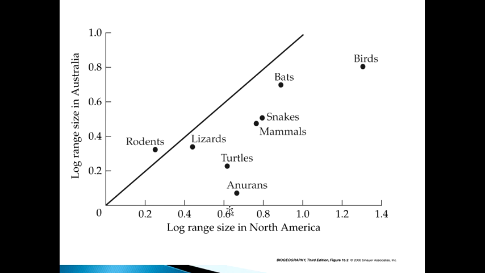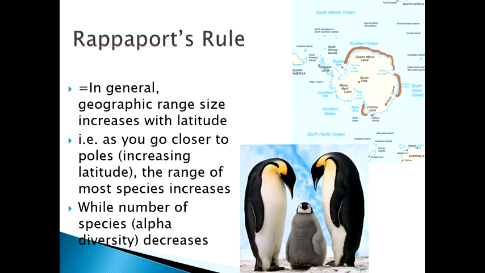Compare range size of turtles in North America, about 0.6, with range size in Australia significantly less than that, just a little bit over 0.2. Bats, range size in North America, almost 1, and in Australia over here. This led him to come up with what's now called Rappaport's rule.